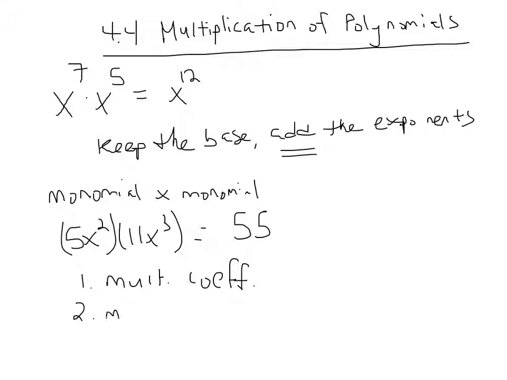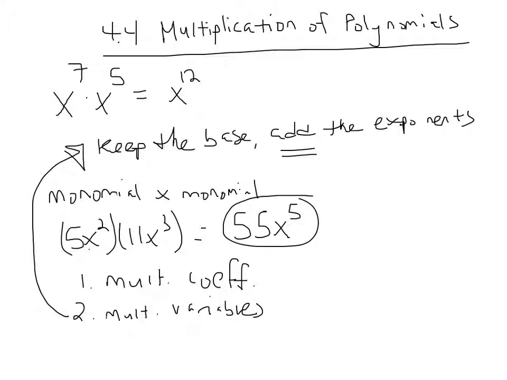And then you multiply the variables using the rule we just talked about. x squared times x to the 3rd. The rule is keep the base and add the exponents. So that is 55x to the 5th. Let's squeak in another quick example over here. Negative 2x to the 7th times 8x to the 3rd.